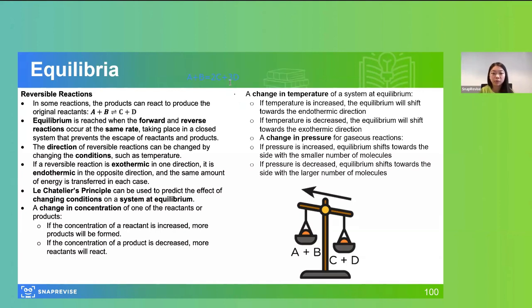In this situation, there are more moles on the right side than on the left, by looking at the numbers in front. There are 5 moles on this side, 2 moles on this side, because there's 1 and 1, 2 and 3. If there's an increase in pressure, it's going to shift towards the side with the fewer moles. So if I increase the pressure, the equilibrium is going to go towards the A plus B side. If I decrease the pressure, it's going to go towards the side with more molecules, the 2C plus 3D side. I'm hoping that is clear.